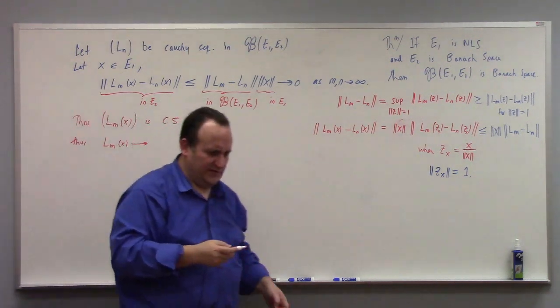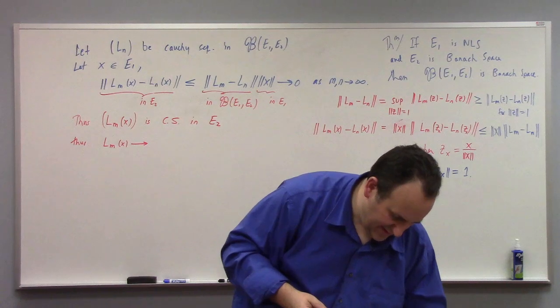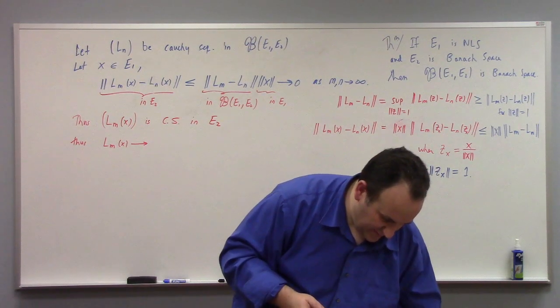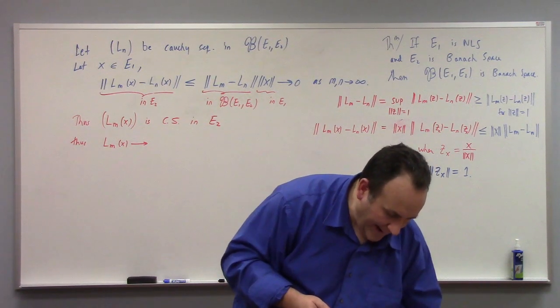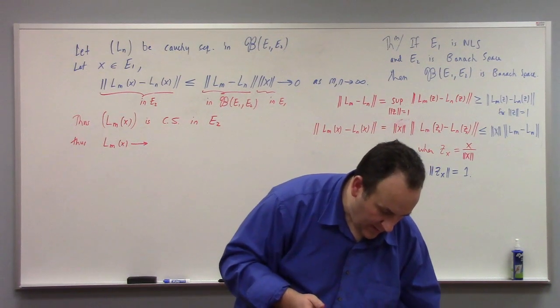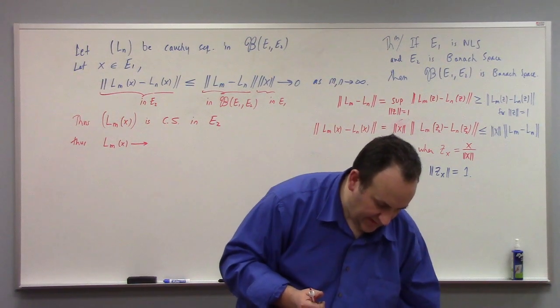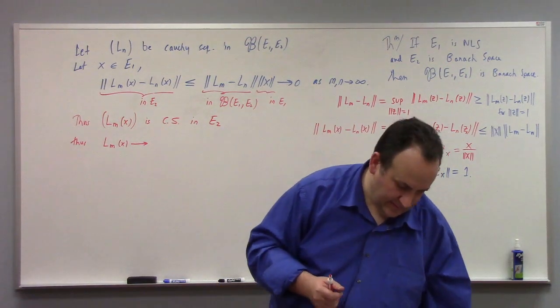And let me follow the book's notation as to not make my life horrible. It converges to 0, because we had less than or equal to. Well, he just says Ln of x converges to y.